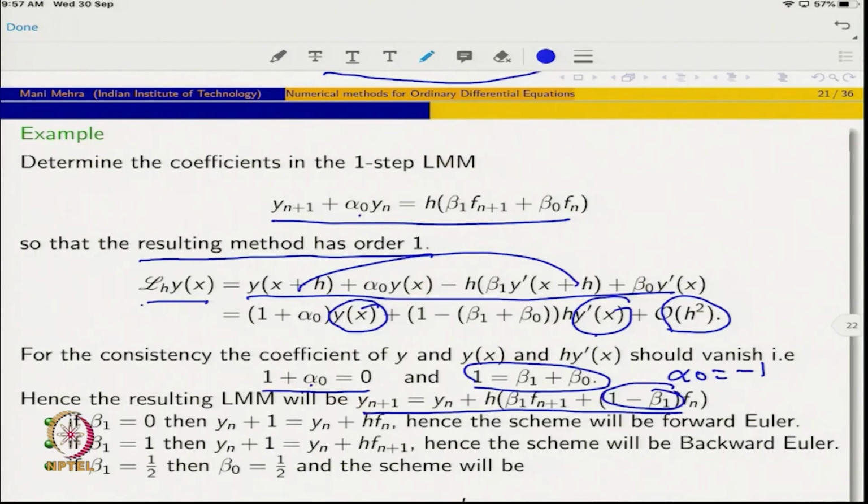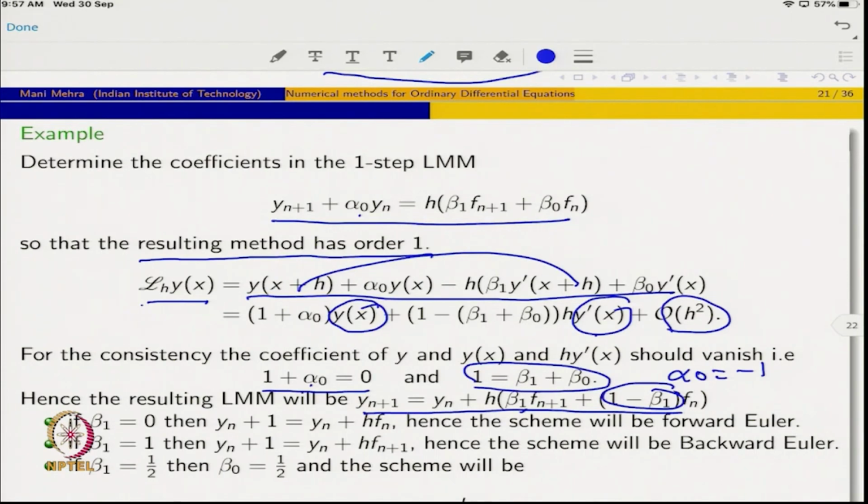So, if you want the resulting method to have order 1, it has given us some flexibility to choose beta 1. If I choose beta 1 is 0, we end up with an explicit method, which is the same as the difference equation we got in the case of the forward Euler method.